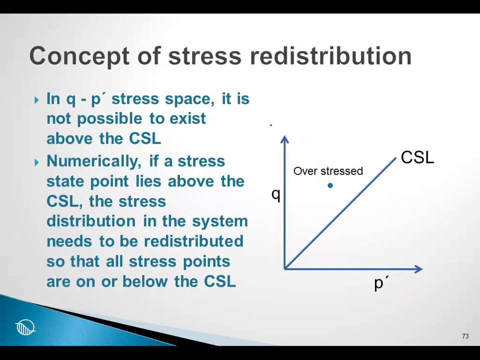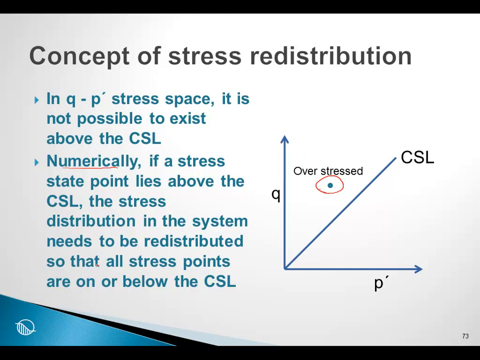However, numerically, we can exist in this space, and numerically if a stress state point lies above the critical state line, the stress distribution in the system needs to be redistributed so that all the stress points are on or below the critical state line.